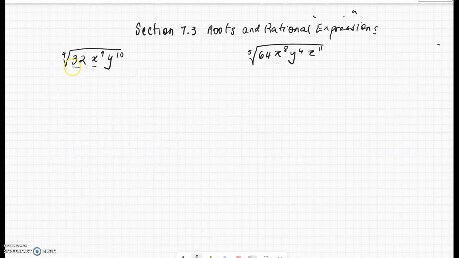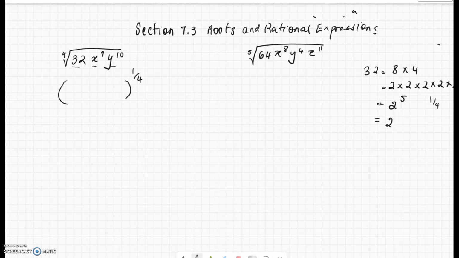32, x to the 9, y to the 10, whole to the 1/4, because it's the 4th root of. Now 32 is 8 times 4. 8 is 2 times 2 times 2, and the 4 is 2 times 2. So this is 2 to the 5th power. Now we're going to raise this to the power of 1/4.